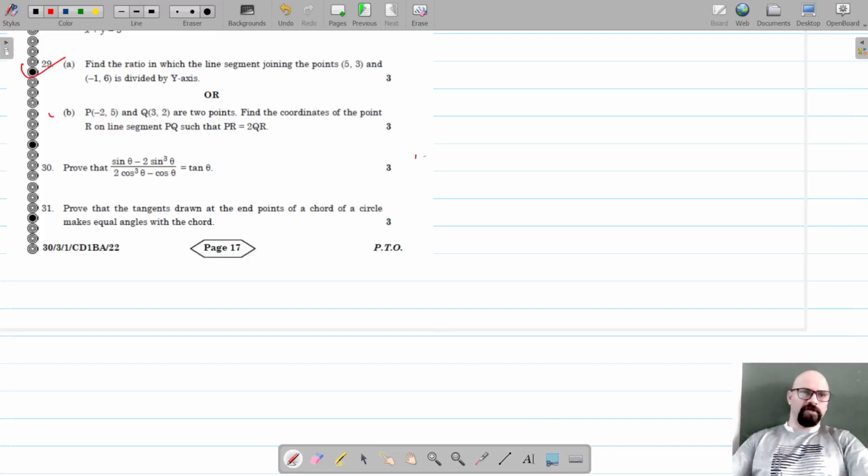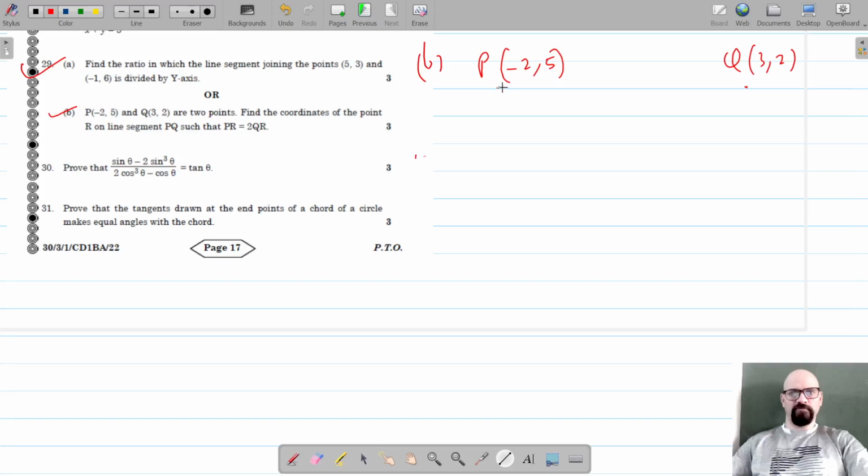Okay, for question number 29, part B, it's given that P minus 2 comma 5 and Q 3 comma 2, and let's join them, are the two points, and we have to find the coordinates of point R on the line segment such that, let's say this is a point R, this is P, this is Q, PR is equal to 2 times QR.